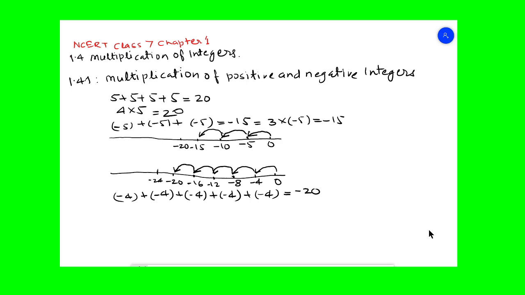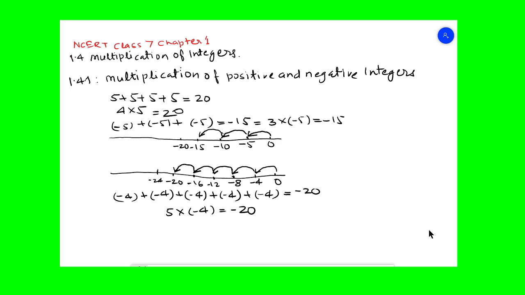We can see from here that this is minus 4 plus minus 4 plus minus 4 plus minus 4 plus minus 4 when we have reached minus 20. So if we multiply 5 times minus 4, this is equal to minus 20.